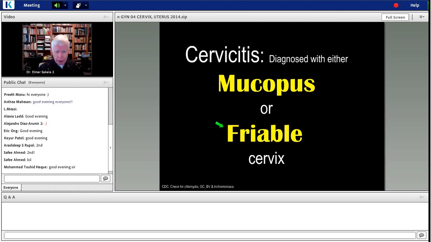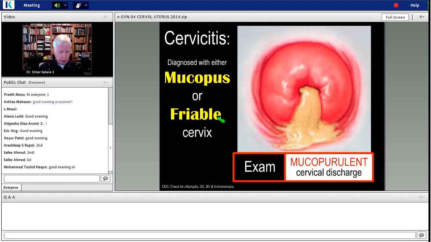They will make a diagnosis based on either the presence of mucopurulent cervical discharge, or what they call mucopus, or full cultures for chlamydia, for gonorrhea, for trichomoniasis, or whatever you're looking for. But you don't wait to make the diagnosis for the culture.